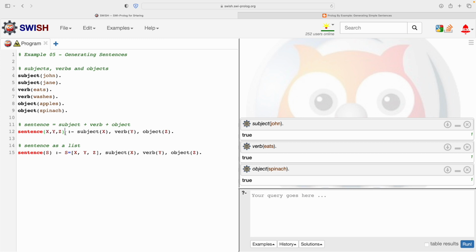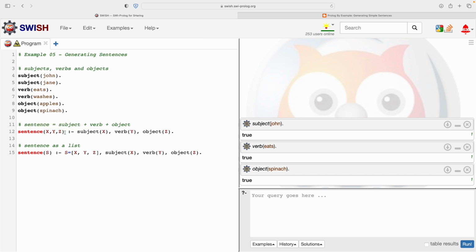Now this might look new to you, this kind of XYZ, three things inside the bracket. If you're used to other programming languages, that won't surprise you. It's just providing more information to a property or a function. You'll have seen that elsewhere, and it's the same thing here. We're providing more than one item of information to sentence.